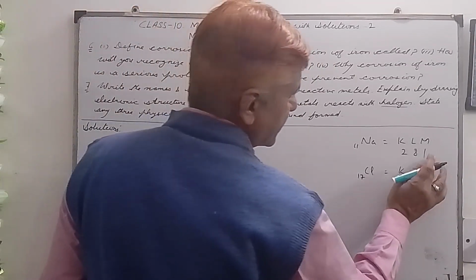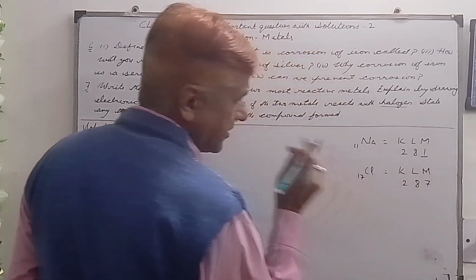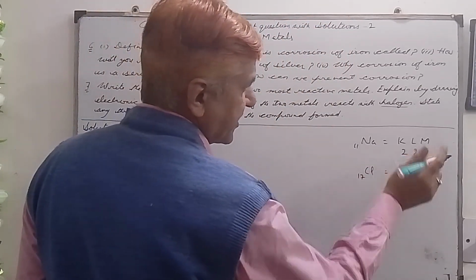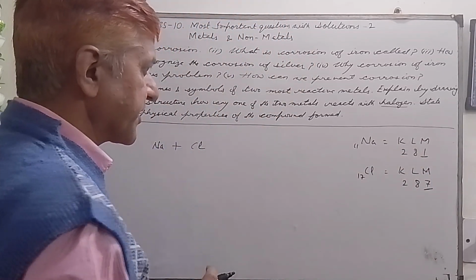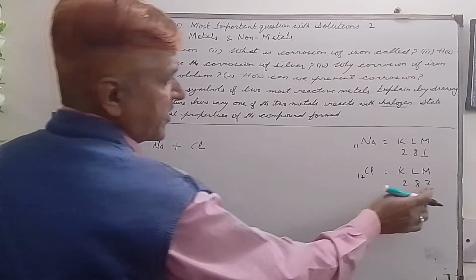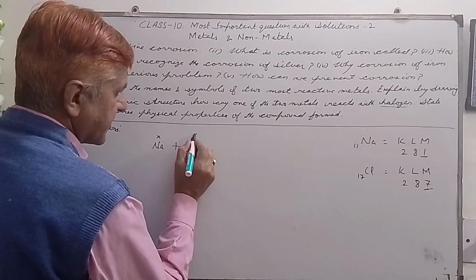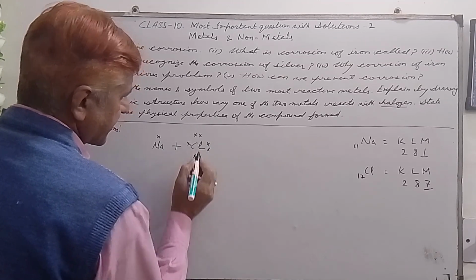You know it is the electrons in the outermost shell which take part in bonding. So sodium has one electron. Chlorine, how many electrons in the outermost shell? 7.